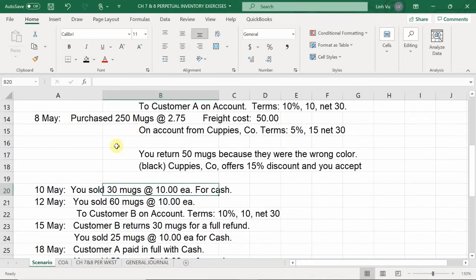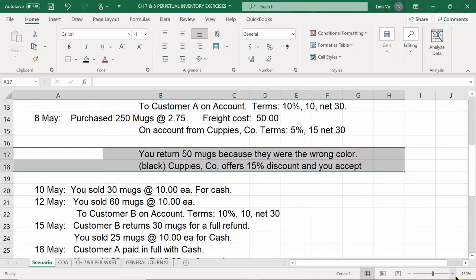That very same day, you end up returning 50 of those mugs because they were the wrong color. They sent you black cups instead. But for some reason, Cuppy's convinced us to keep the cups because at the end of the day, we could sell the cups. The only difference is the color. In this case, they offered a 15% discount to make up for their mistake.